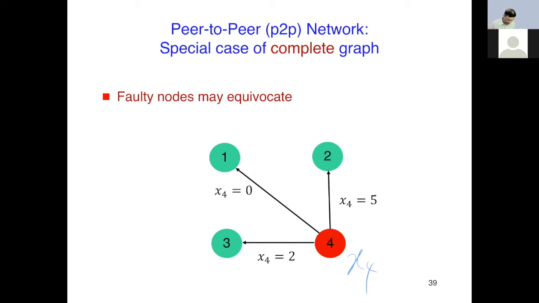However, in this case, agent 4 is faulty, so it potentially sends wrong values, but more importantly, it can send different values to different agents, because agent 4 can talk to agents 1, 2, and 3 over their own dedicated links. Agent 4 can lie about its state, but also lie differently to different agents. And this ability to equivocate, in the sense of telling different people different things, not just wrong, but wrong in different ways, causes additional headaches to these kinds of algorithms.